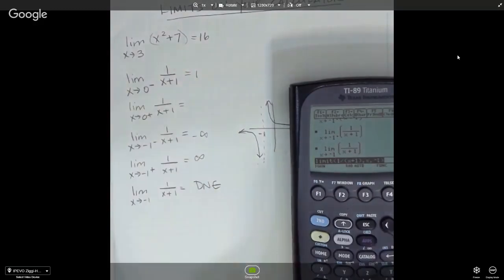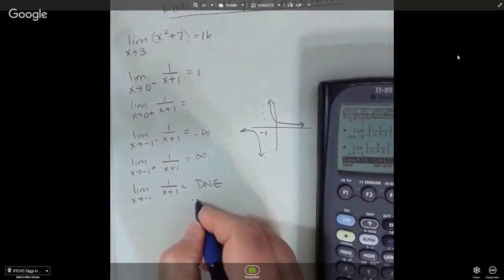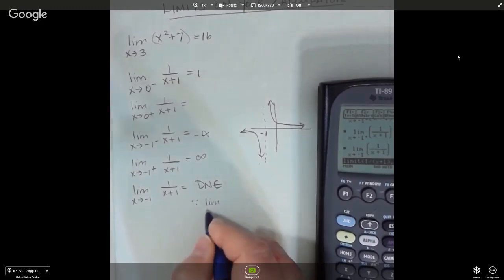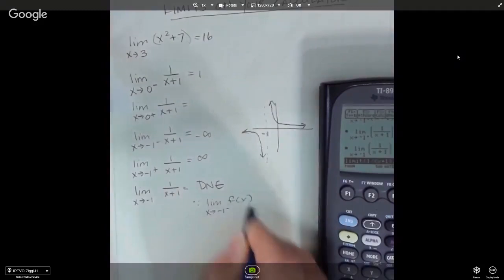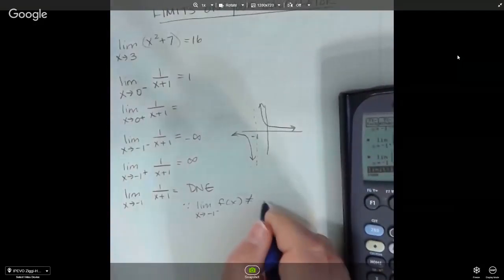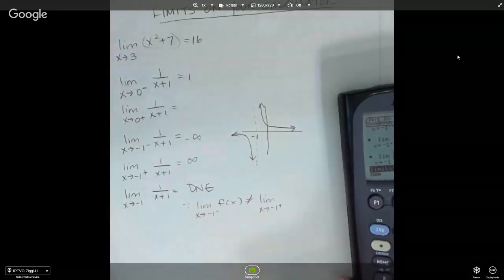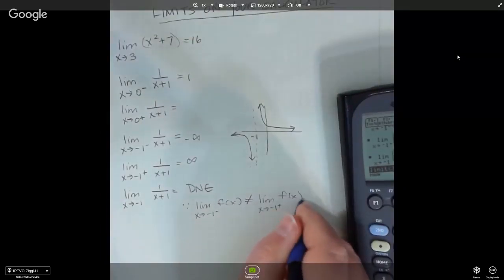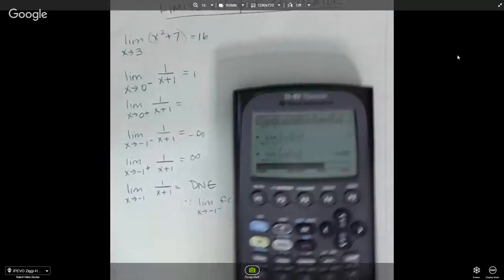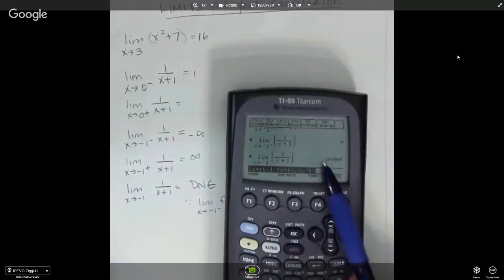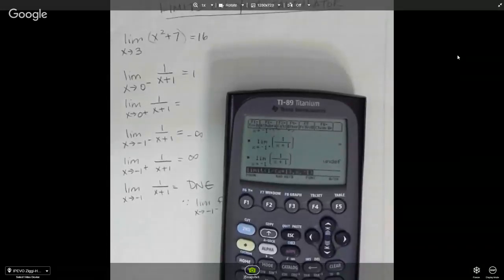And we all know that it does not exist since the limit as x approaches -1 from the left side of f of x is not equal to the limit as x approaches -1 from the right side of f of x. And we know that to be the case. But the calculator is going to say, instead of does not exist, it's going to say it's undefined. Okay, so that's how you know that the calculator is telling you that it doesn't exist.